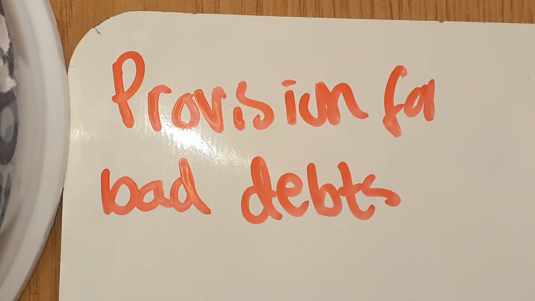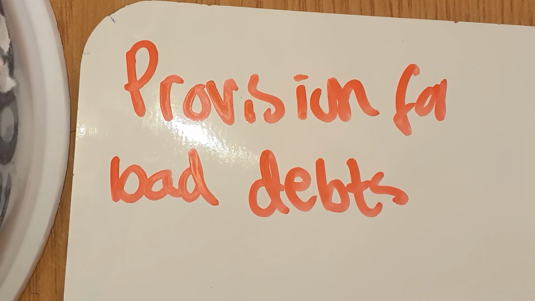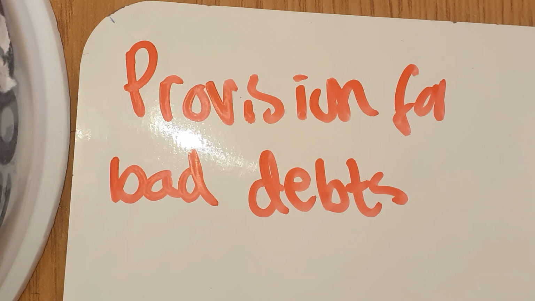All right, another subject when it comes to bad debts that we have to do before we close off this video is provision for bad debts. Bad debts are actually people that have failed to pay their debts. Those are bad debts to the business. But another thing is provision for bad debts.